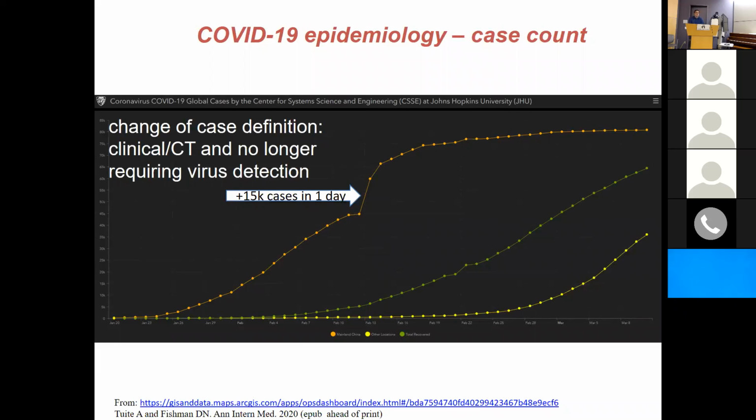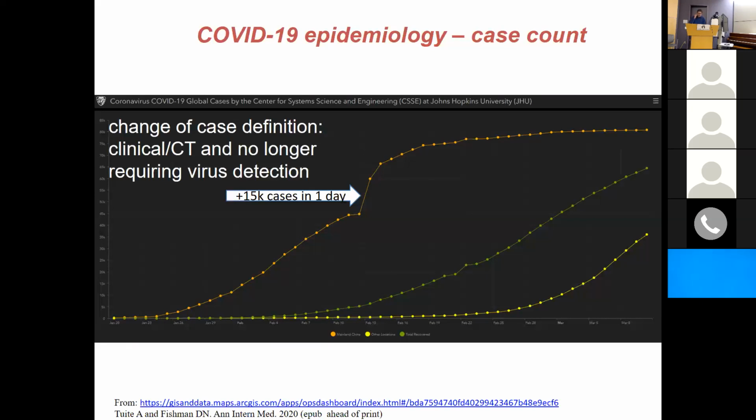That was because they changed the definition in Wuhan, because they were not able to test a significant number of patients, or all the patients that they thought may have it. So they said, let's add clinical assessment and CT findings as also confirmed cases, despite the fact that the virus wasn't detected. So that added 15,000 cases that day.